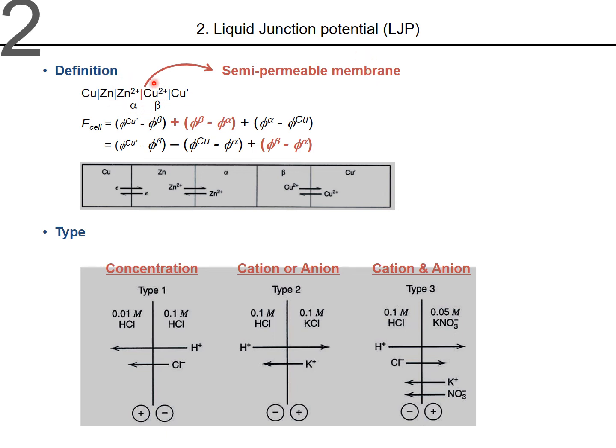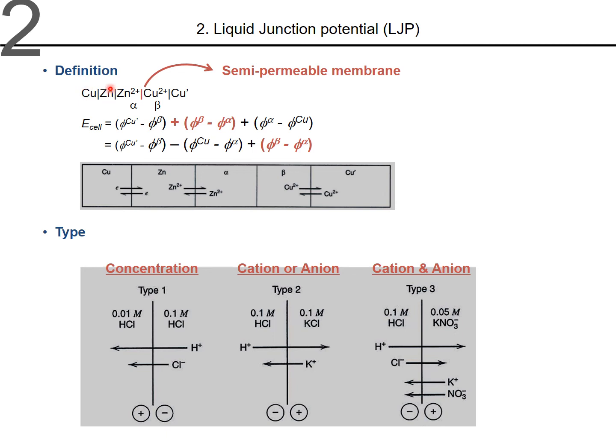And then let me check the cell potential. So the potential of copper prime minus beta phase, plus beta phase minus alpha phase in terms of potential, plus alpha phase minus electrode, in this case copper or zinc, which is connected to each other as an electric conductor.